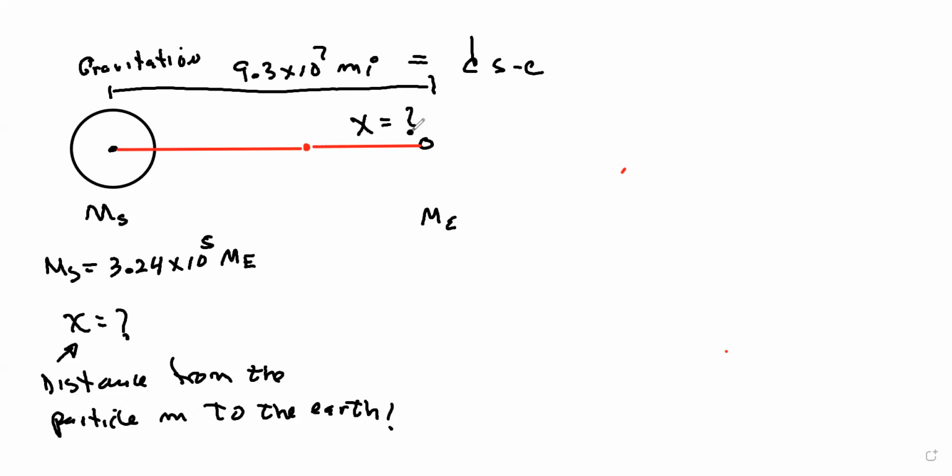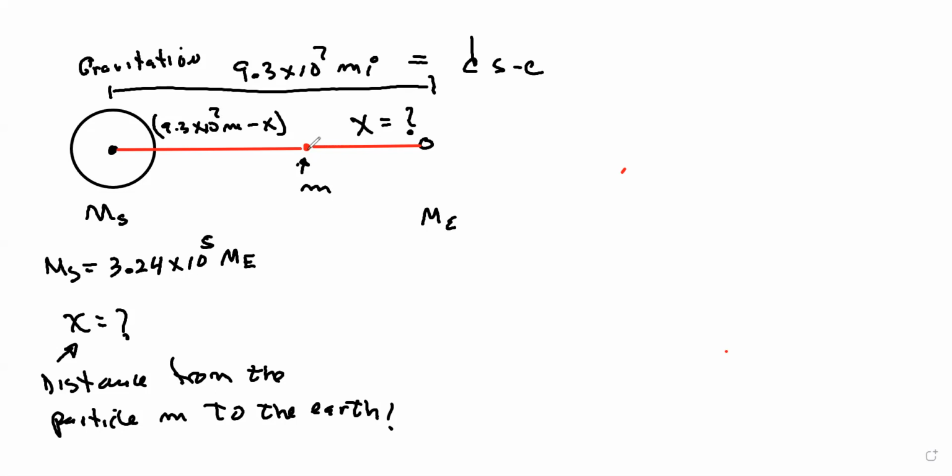What is the distance from the particle? The particle is this one right here. It has a little mass m. And this distance over here is going to be 9.3 times 10 to the 7 miles minus x. That's the distance from the center of the sun to the center of the particle.